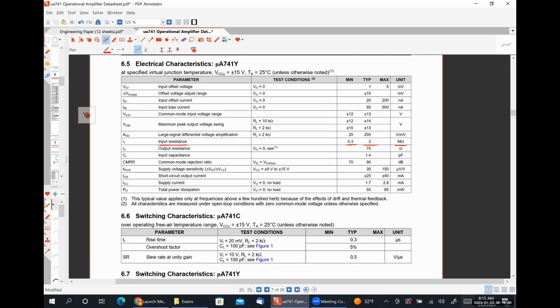And typically speaking, the input resistance of a MOSFET-based op-amp is on the order of tera ohms, or 10 to the 12 ohms.